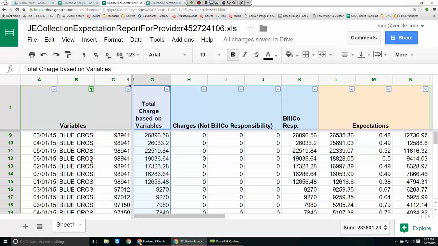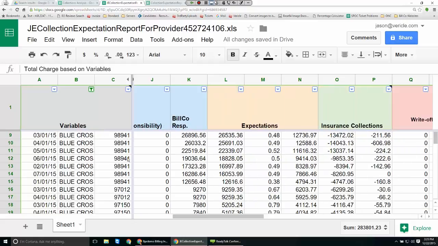So if you would like to get this type of information where you see exactly what your insurance expectations should be, we're able to run this on a request-by-request basis. Ask your coach, and we'll be able to put a session together where we go over payer by payer what your expectations for insurance reimbursement should be, and if you're short on any.